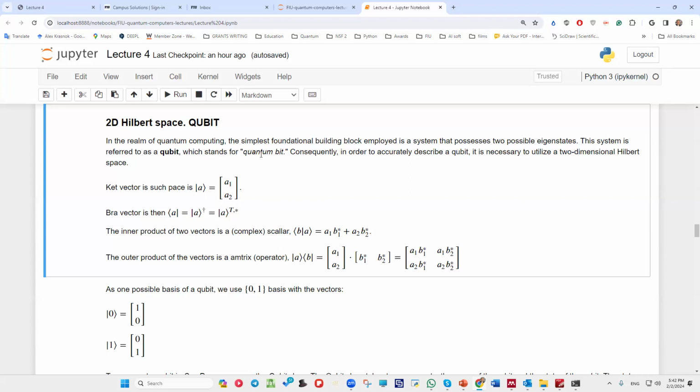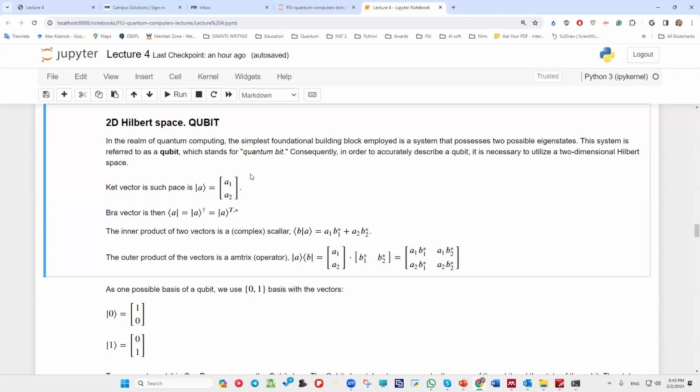I want you to understand this concept very clearly. A qubit is a system with two eigenstates, and the actual state of the qubit is the superposition of these two eigenstates.